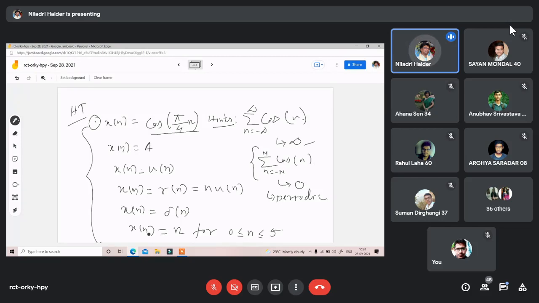So for a finite range, you are calculating the values for a periodic sequence. The value will be 0, and it must vary from minus n to n. If it varies from minus n1 to n2, with different values, then it will not be 0. If it varies from minus the same value to plus the same value, then the sum of the cosine function will be 0.